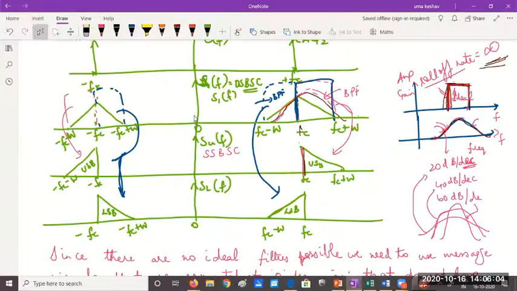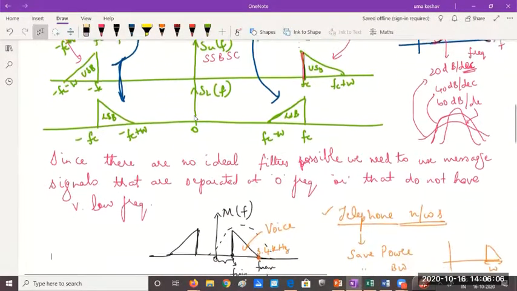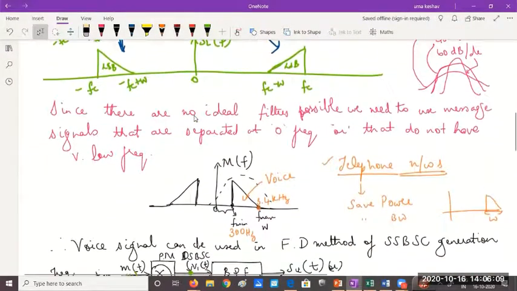I should use message signals that do not have low frequency content, or that have a gap in the spectrum starting from 0. That's what we are seeing here: there is a visible gap in the spectrum starting from 0. We don't have some frequency components of the message.